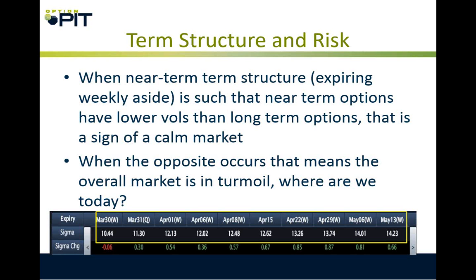So when you turn on CNBC or Fox Business or Bloomberg, and they're like, oh, all this market volatility, all this market volatility, you just look at the term structure of S&P 500 options, and you say to yourself, you know what?